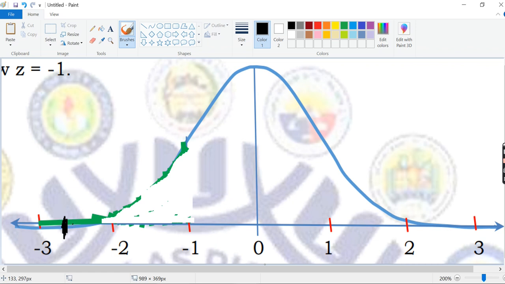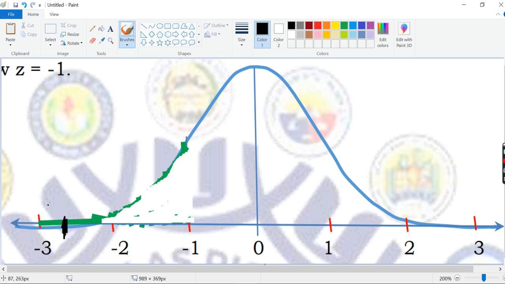Remember, one of the properties of the standard normal curve is that it's asymptotic to the x-axis. When you say asymptotic, it will get closer and closer to this axis that has numbers, but it will never touch it. So technically speaking, it will never be closed. It is continuous.